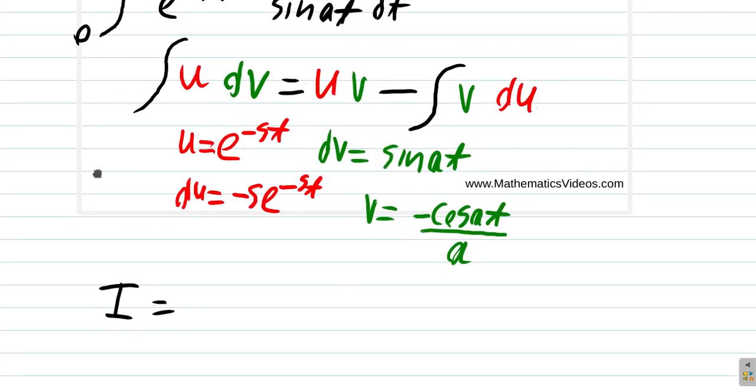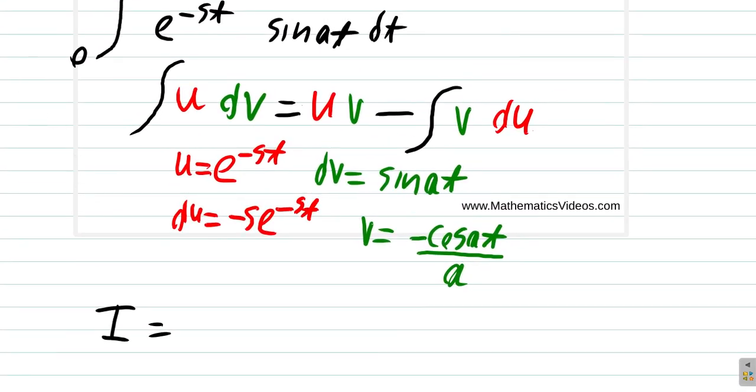The integral of u dv equals u, which is e to the negative st, times v, which is negative cos at over a. It's uv.